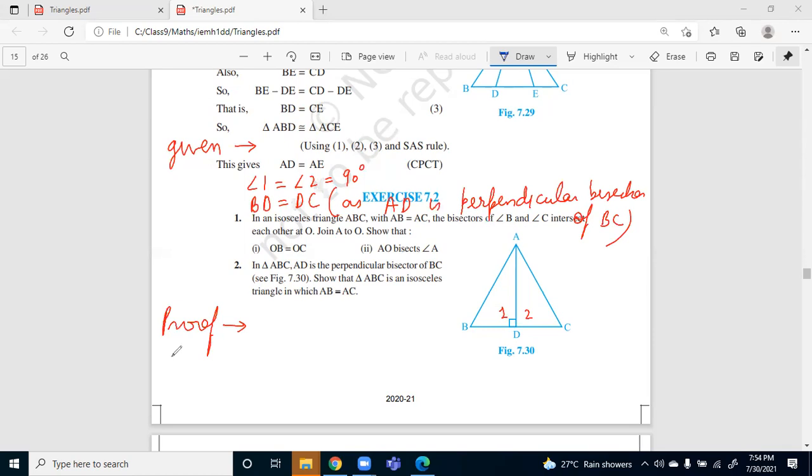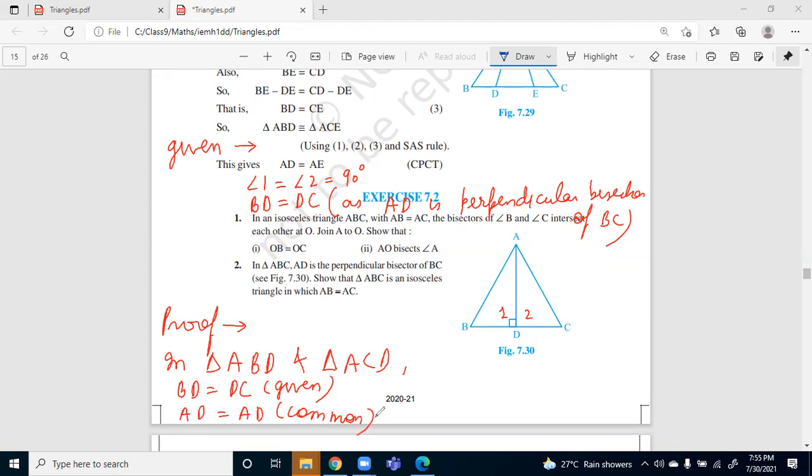So we will be writing in triangle ABD and triangle ACD, BD is equal to DC. This is given. AD is equal to AD. That is common. And angle 1 is equal to angle 2.